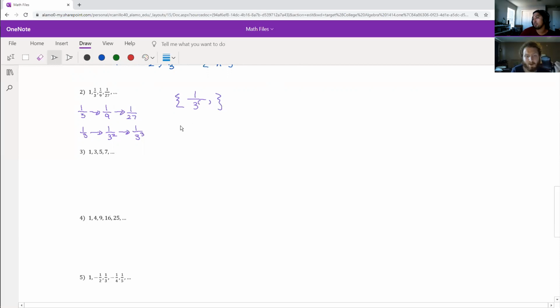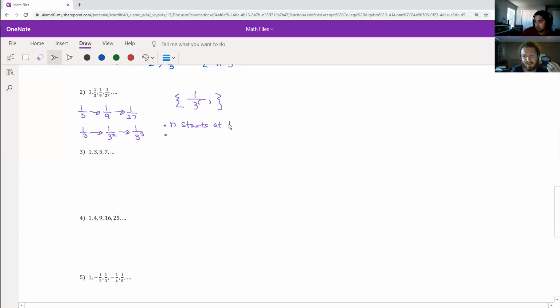Remember, our n's start at 1. The only way to get 1 if I divide by 3 is if I can make this power equal to 0 in the first spot.